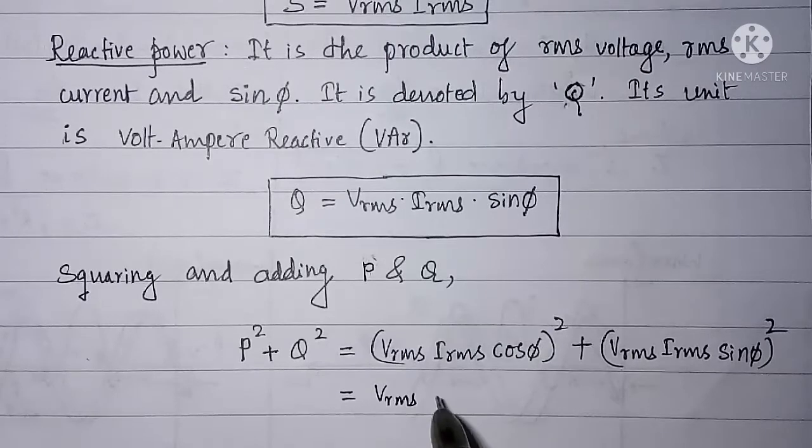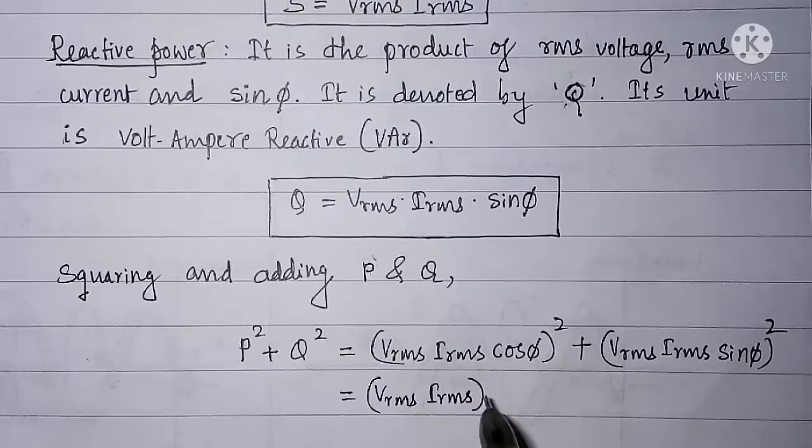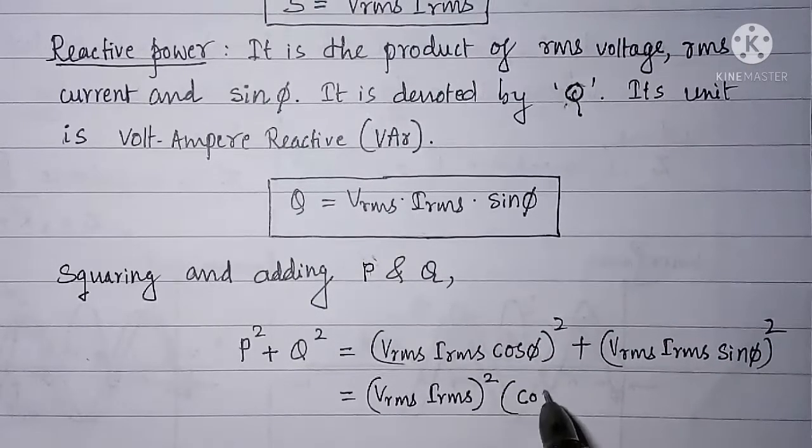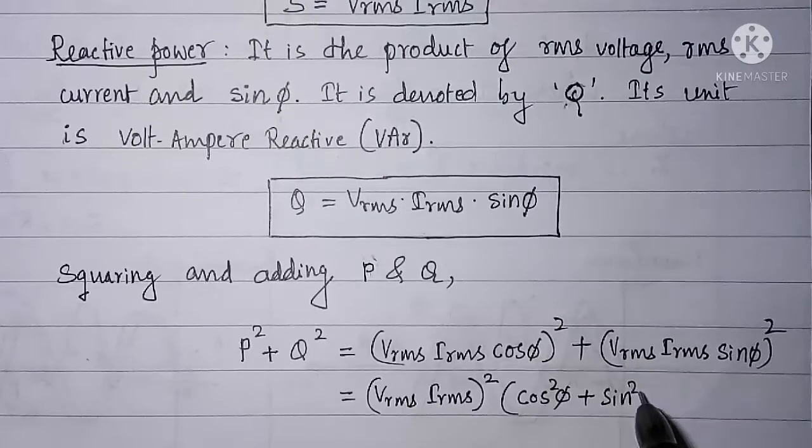So (Vrms into Irms) square, inside the bracket cos square phi plus sin square phi.